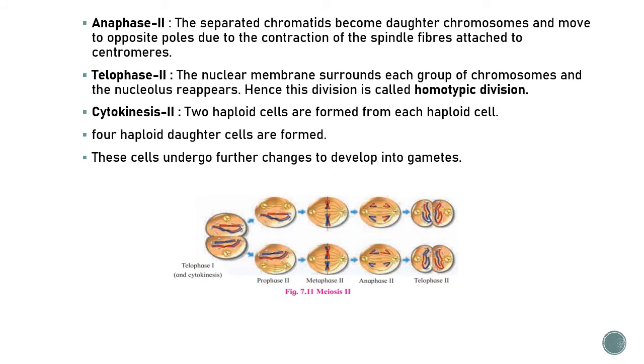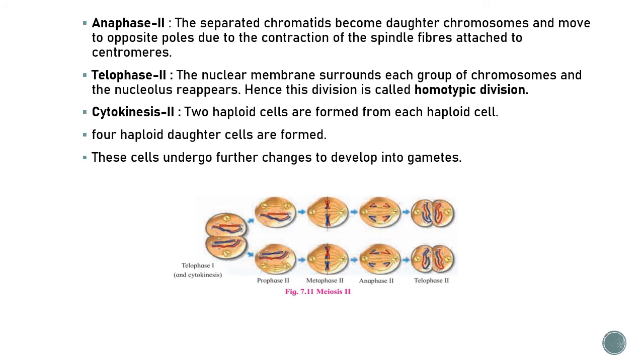Then Telophase-II. During this stage, the daughter chromosomes uncoil. The nuclear membrane surrounds each group of chromosomes. See the diagram.